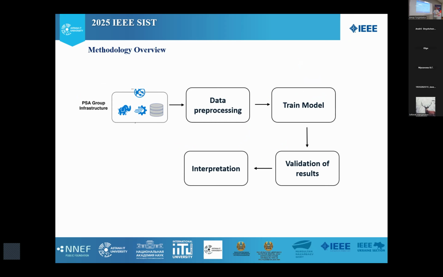After that, the data is stored in databases like Cassandra. Then we train models like K-means and DBSCAN, many algorithms for clustering. We validate the results and interpret what they mean.